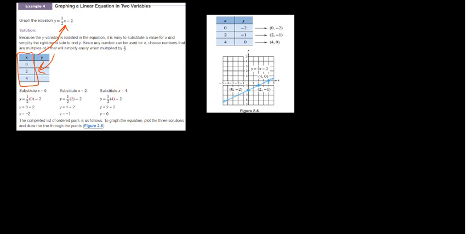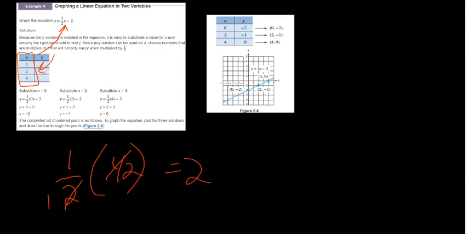So 0 is obviously an easy one, right? 1/2 times 0 is simply 0. However, 1/2 times 2, we know that the 2's cancel, and we just have 1. Similarly, if we have 1/2 times 4, this becomes a 1, this becomes a 2, and we simply have a 2.